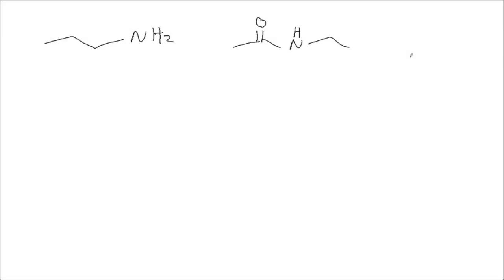It looks like the resonance, I'll go ahead and draw that out, but it looks like the resonance would reveal a hidden positive charge on the nitrogen on the right, which would make it not very basic.